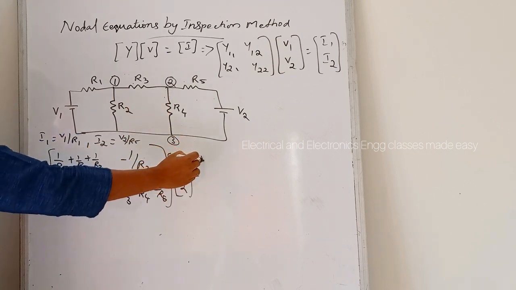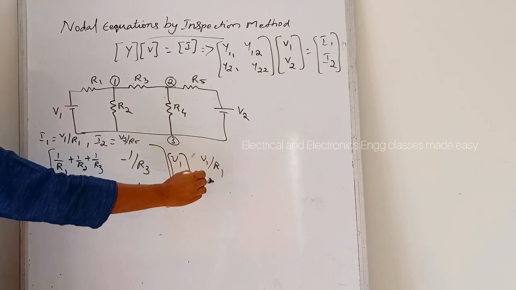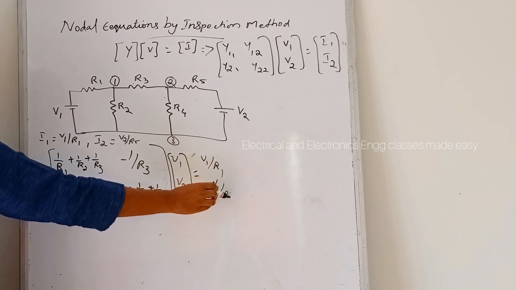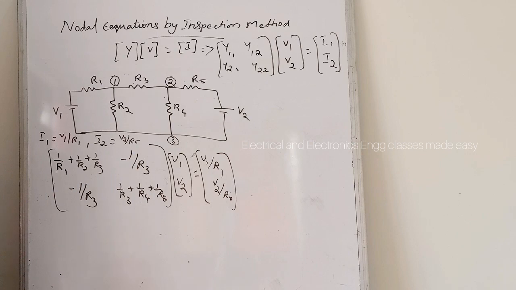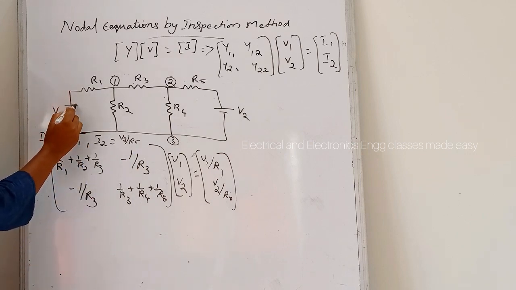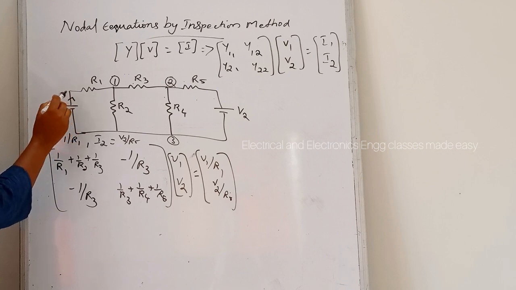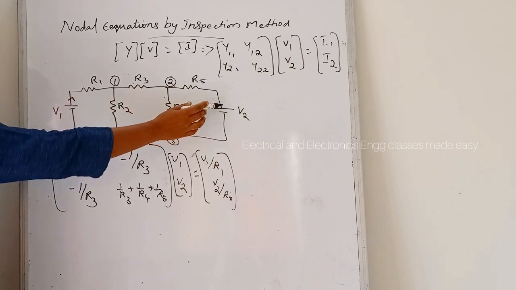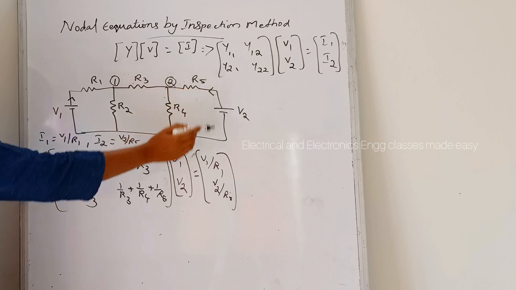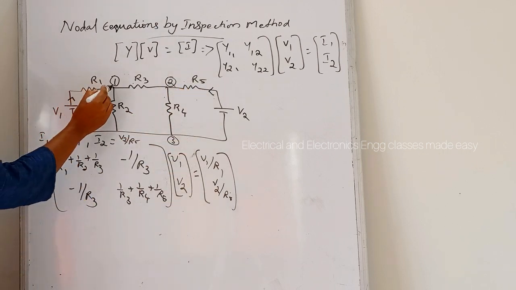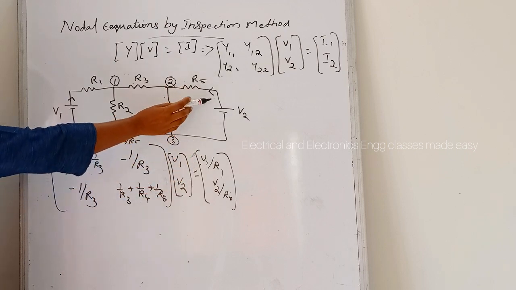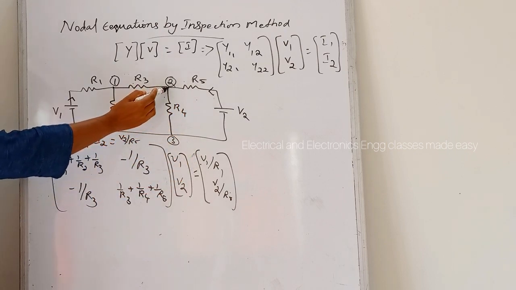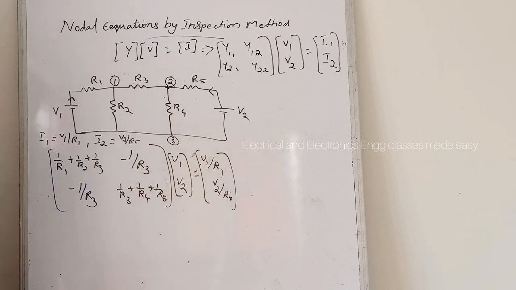Here we have to put the sign. The source is minus to plus, so the current direction is in this way, flowing towards this node, so it is positive. Here also minus to plus, the current flows towards this node, so it is also positive.